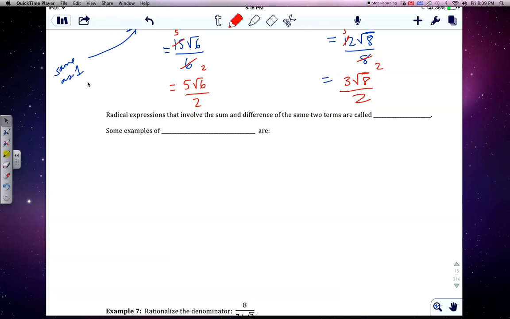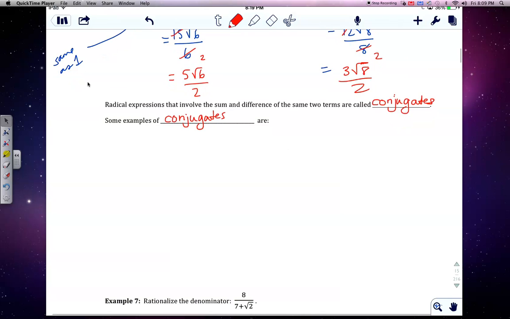Radical expressions that involve the sum and difference of the same two terms are called conjugates. I'll give you a couple of examples.